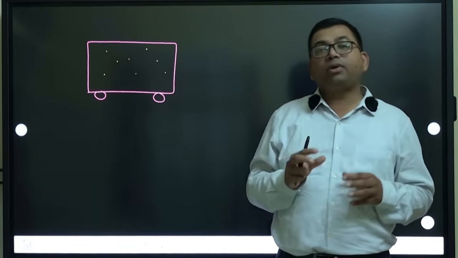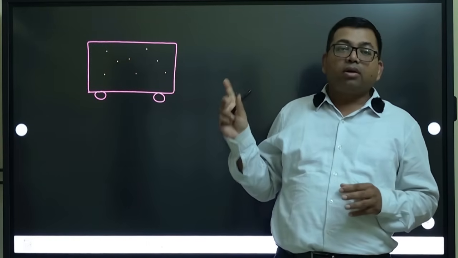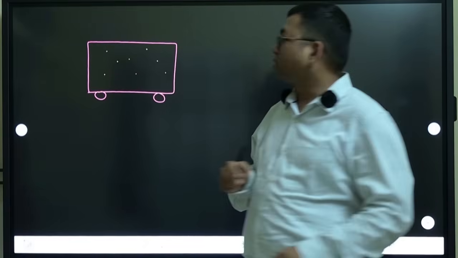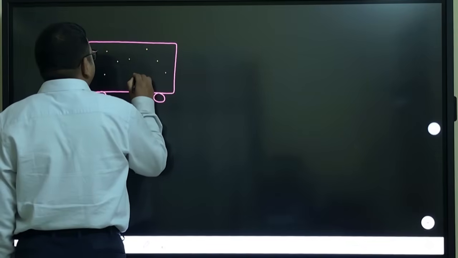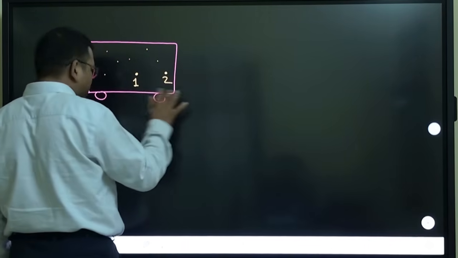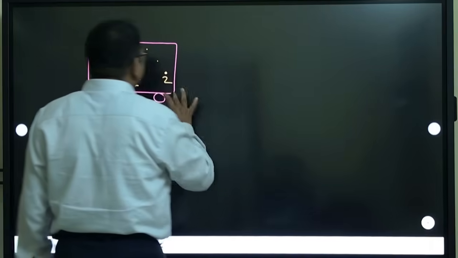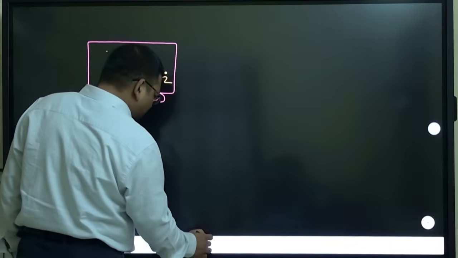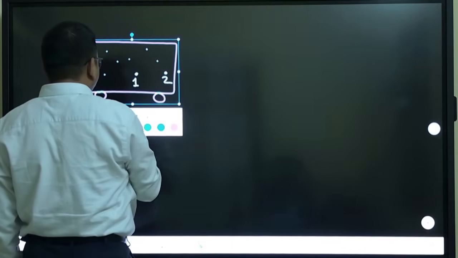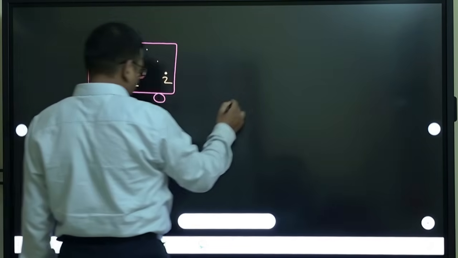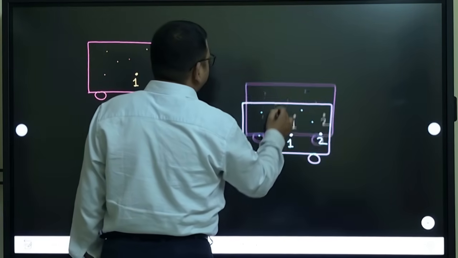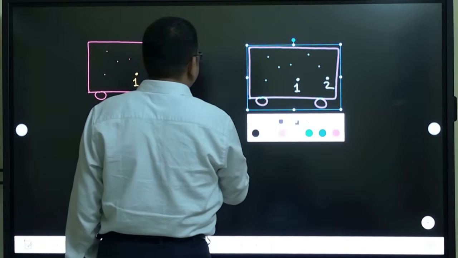So all the points on this body can be said to have the same motion. You take this point, and you take this point. Let us name these points 1 and 2. So when this system is going to move, let us say that this entire structure is going to move. It has moved here, let us say.